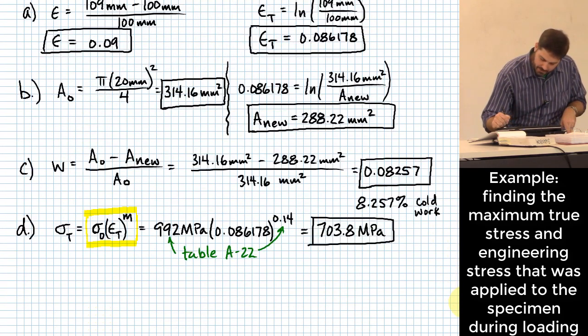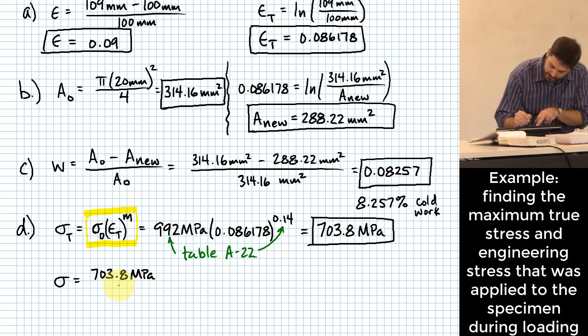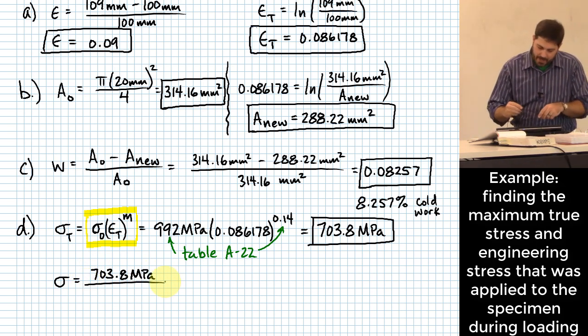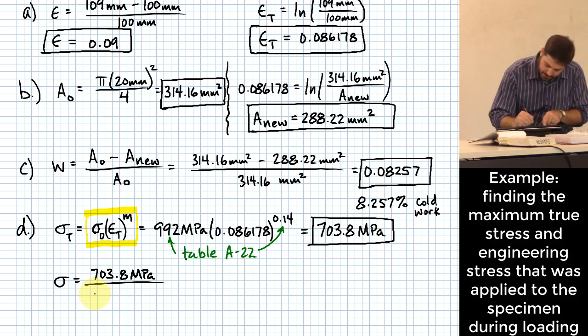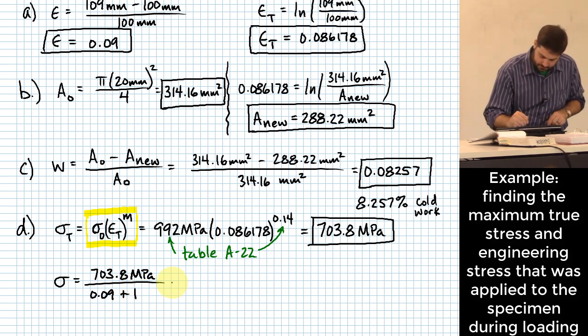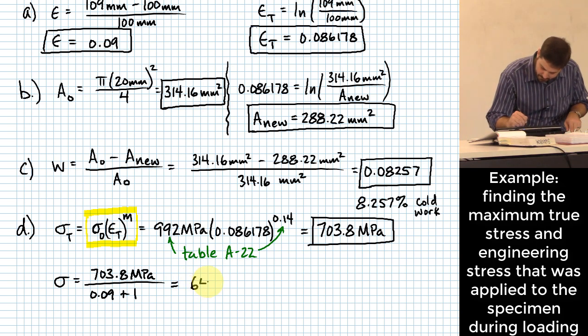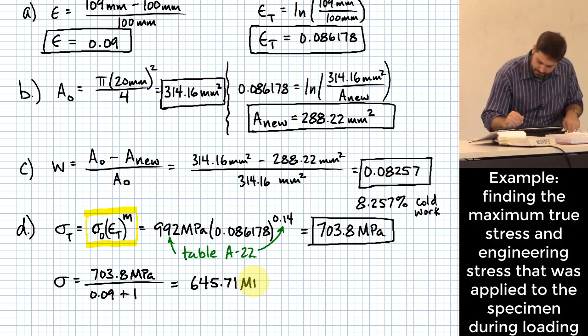So down here, if what I'm trying to get is my engineering stress, I take my true stress, 703.8 megapascals, and divide it by my engineering strain plus 1. And that ends up giving me 645.71 MPa.